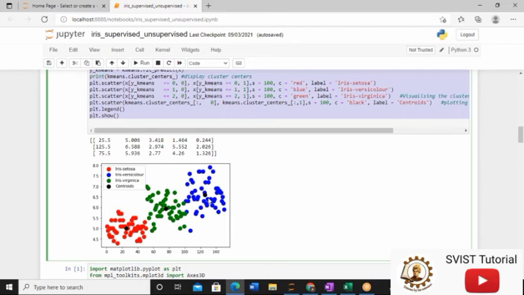Whenever you execute this algorithm repeatedly, these centroids are not going to change. Since the centroids are not going to change, whichever dots are near to those centroids, their position will be fixed. So the clusters will be fixed. From this we can say that this is the cluster of Setosa, this is the cluster of versicolor, and this is the cluster of virginica. This is the basic concept that I was talking about.